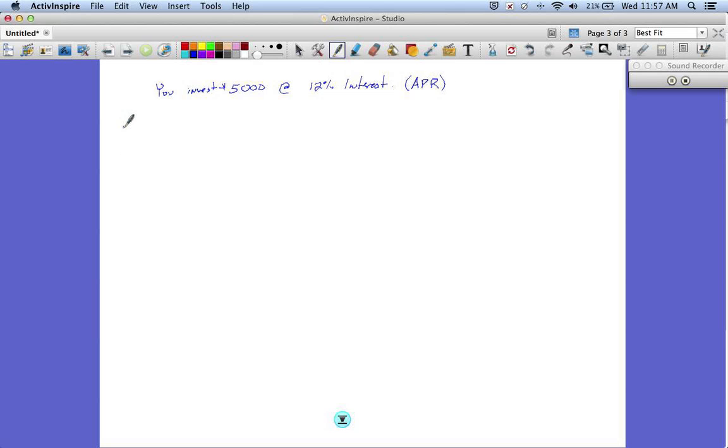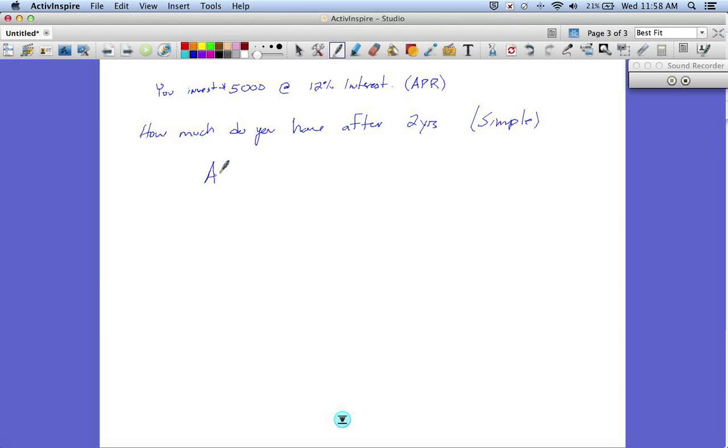And let's say you are compounding. Well, you know what? Let's start off with simple interest. Let's say this is simple interest. How much do you have after 2 years? And this is going to be simple.